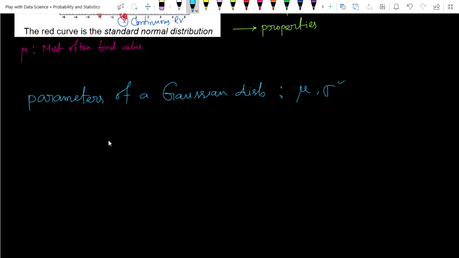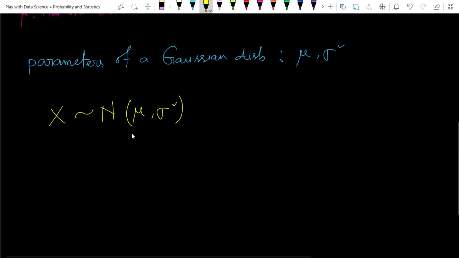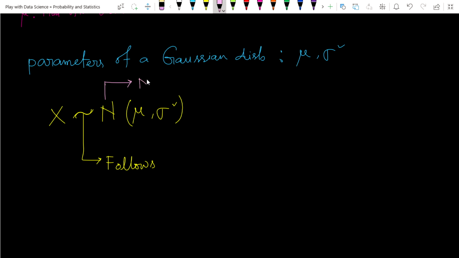And we plot the random variable x that obeys N(mu, sigma square). Here these symbols mean it follows, and this N means it is the normal or Gaussian distribution.